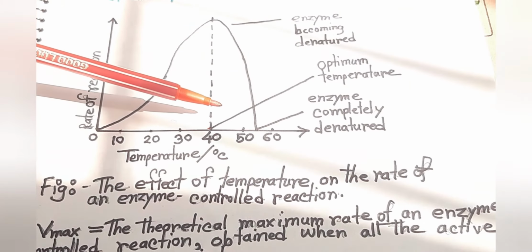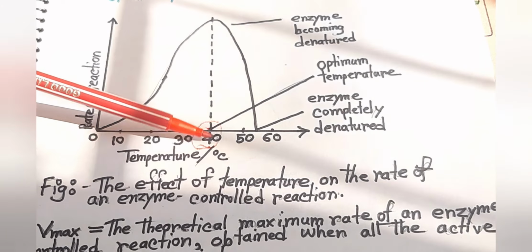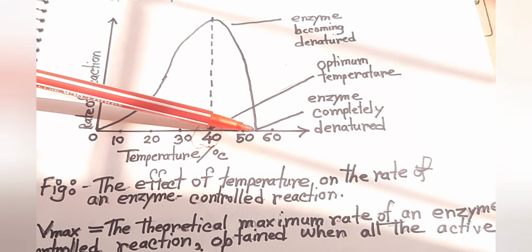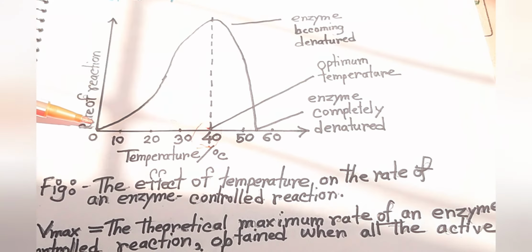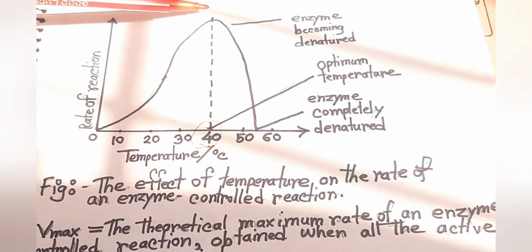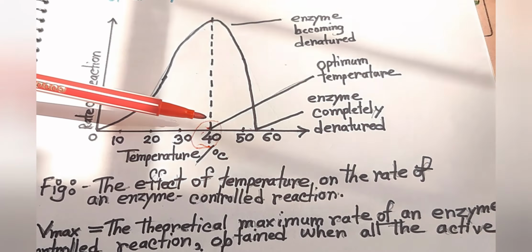Here the enzyme is completely denatured. As the temperature rises, the enzyme becomes denatured, and 40 degrees is the optimum temperature.